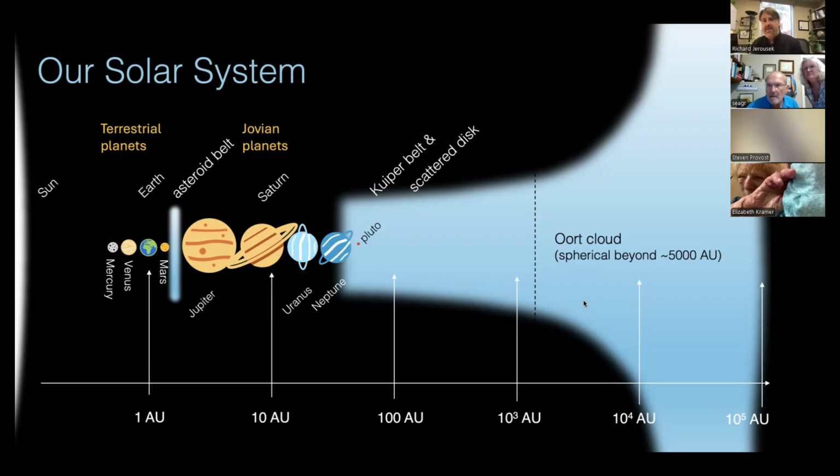And then outside of that, we have a lot of ice dwarfs, which occupy a region called the Kuiper belt and the scattered disk. That population of icy objects, cometary stuff, extends out in a spherical shell. That region, that spherical shell, is called the Oort cloud.